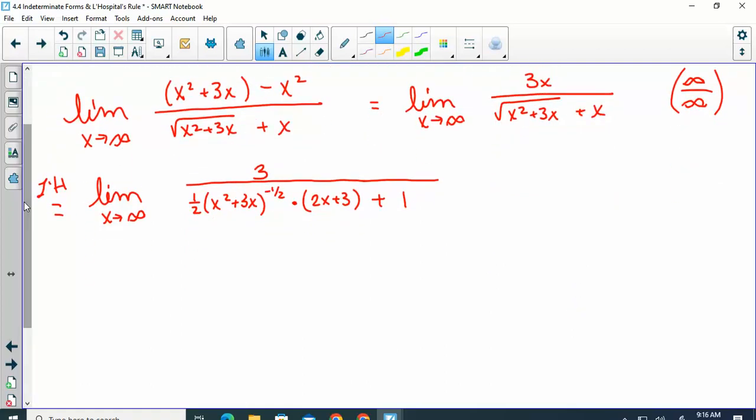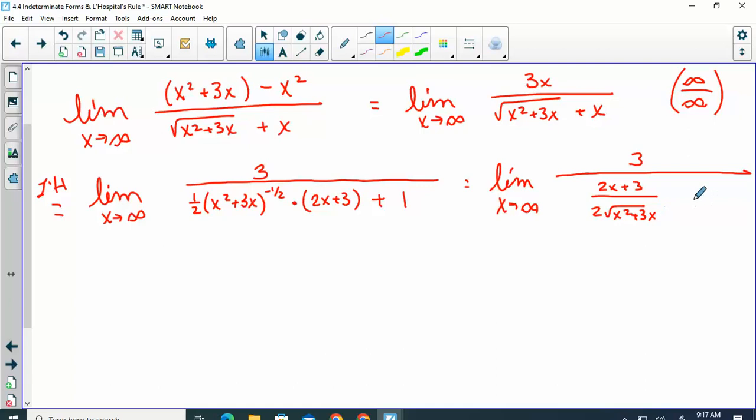All right, this is pretty gross. On the bottom, this negative, we'll put it on the denominator. So it'll be like a 2x plus 3 over 2 square root of x squared plus 3x. That's a 1.